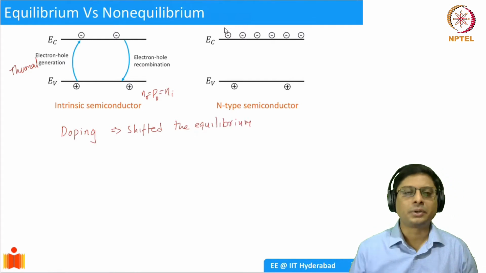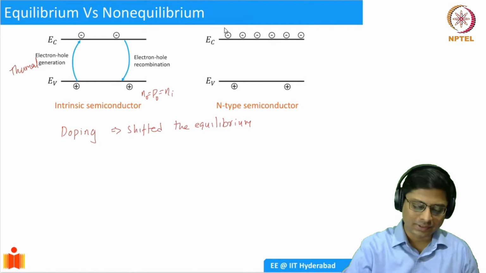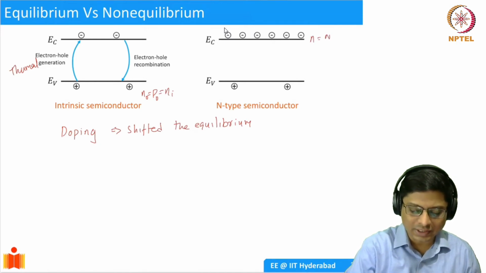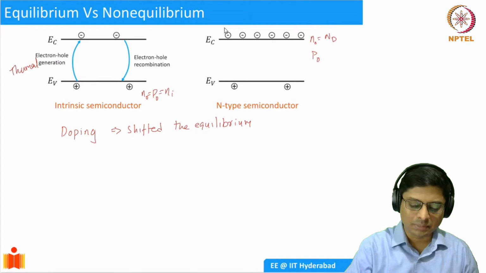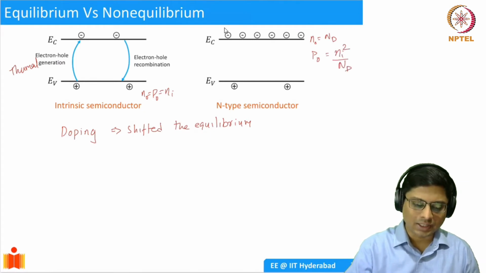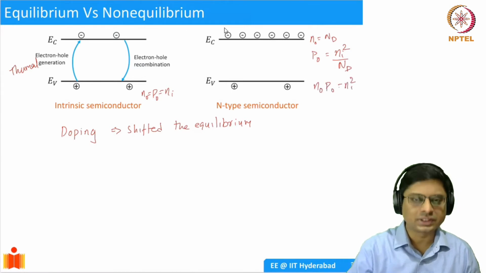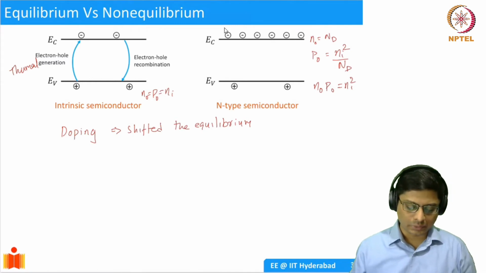Okay, so if you have an n-type dopant, let's say donor atoms, then we shift the Fermi level closer to the conduction band, and that is why in an extrinsic semiconductor, the equilibrium density of electrons, n0, was Nd, the number of dopants, and p0 is basically ni squared divided by Nd. And we said that n0 times p0 equals ni squared. So this is valid even for an extrinsic semiconductor in equilibrium.